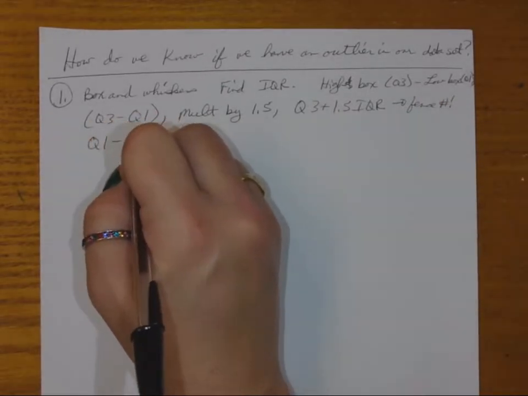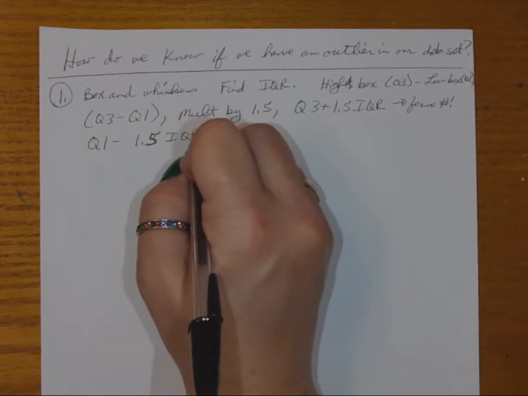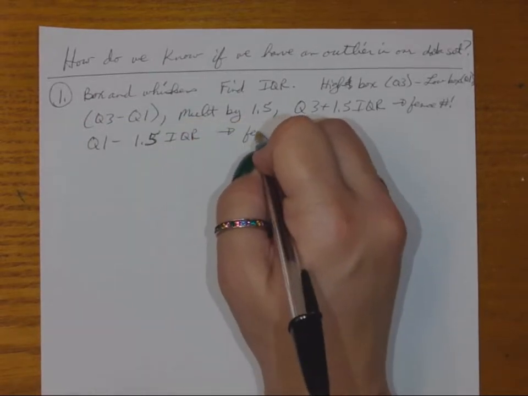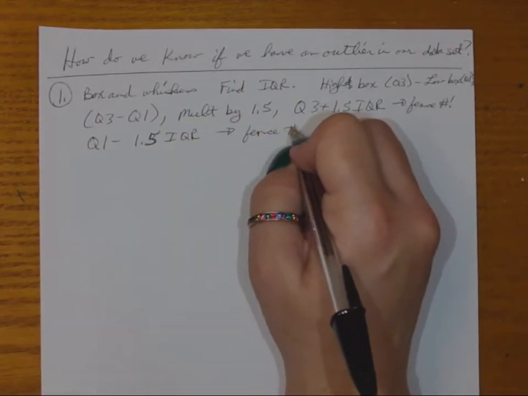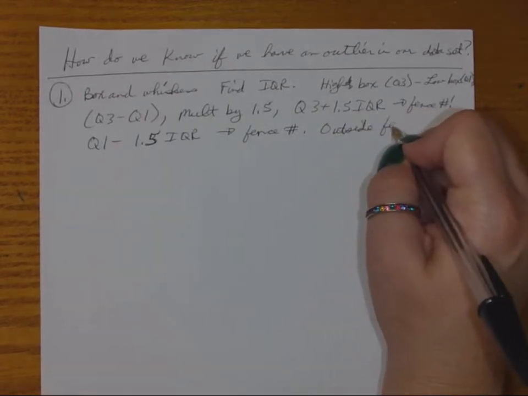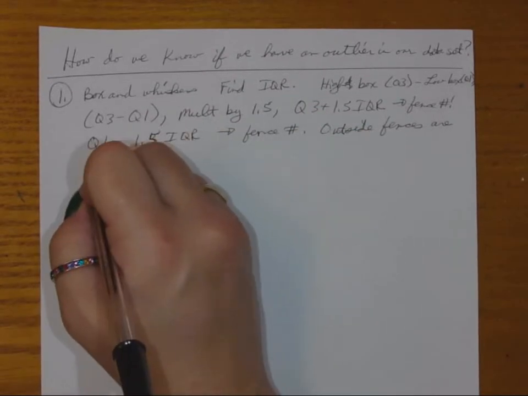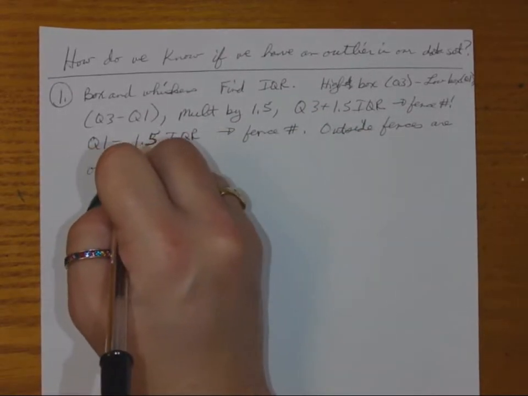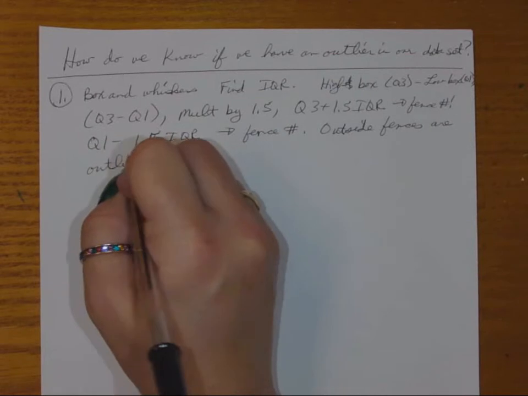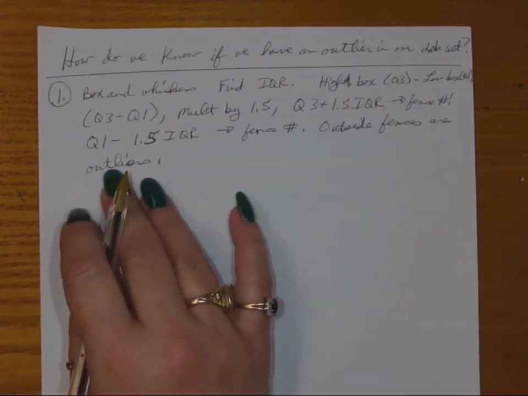Q1 minus 1.5 times the IQR gives me another fence number. Any data point outside of our fence numbers is an outlier. That's our first way.